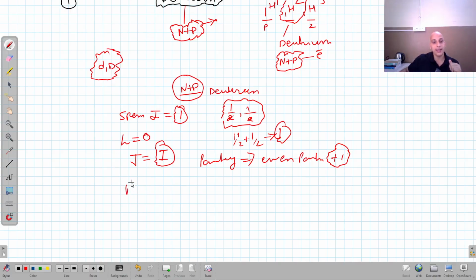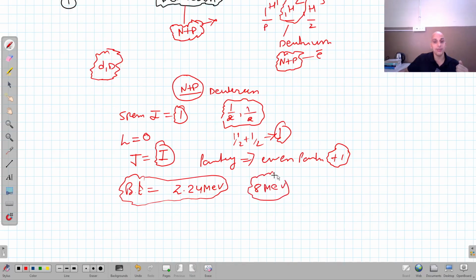As far as the binding energy of deuteron is concerned, it is found that it has binding energy approximately 2.24 mega electron volt. We know very well that the average binding energy of all the nuclei is around 8 mega electron volt. So this energy is very, very small as compared to that.